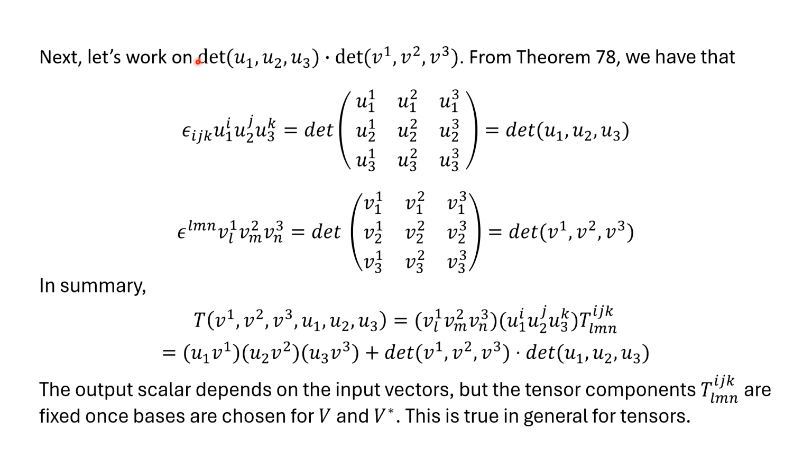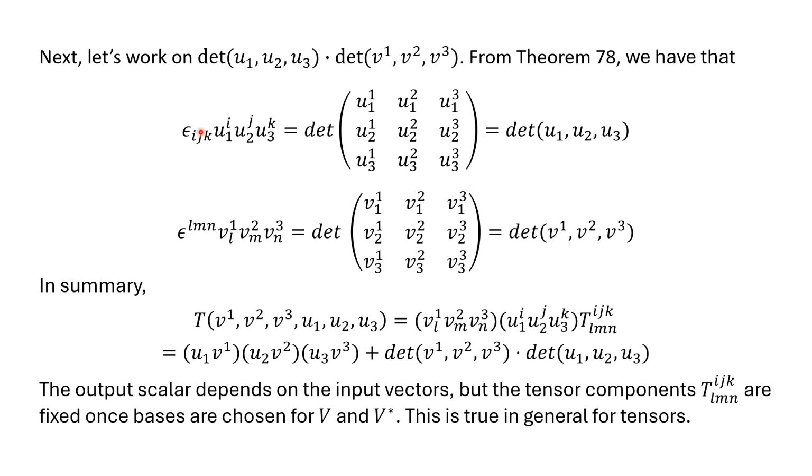So let's finish this off. Just to recall, we applied the first part of this formula to our vectors, our components of our vectors, and we got this. Now we want to apply the second part of this to our vectors. And if you recall, the second part of that is the product of the Levi-Civita symbols. So that's what I'm doing here.